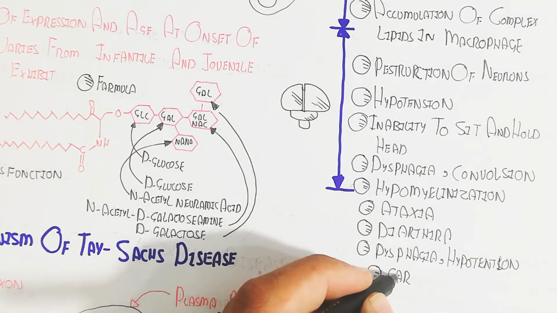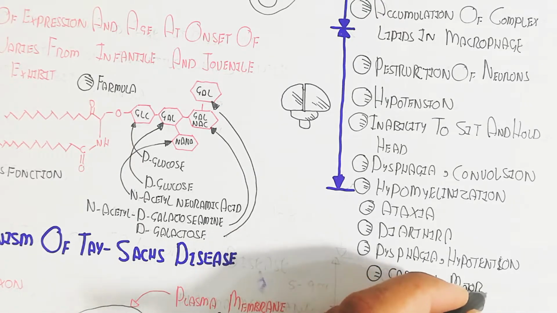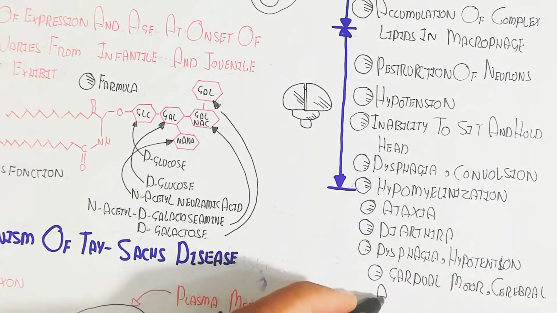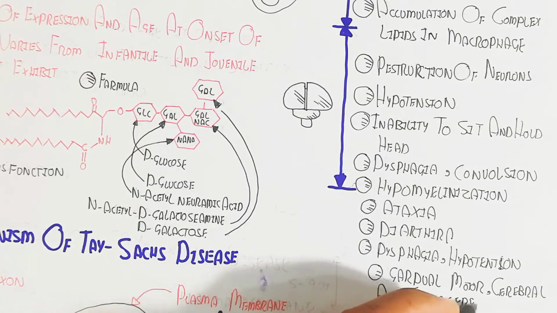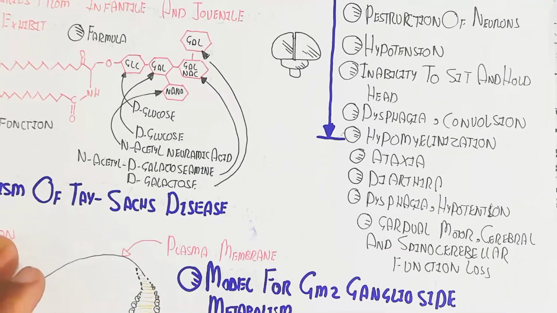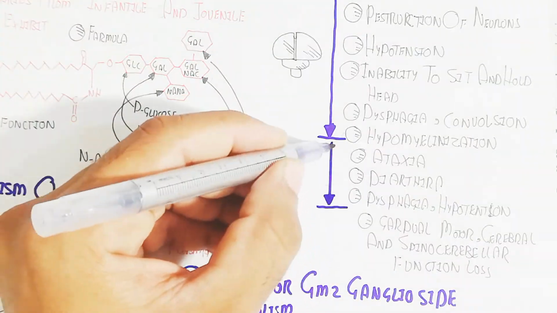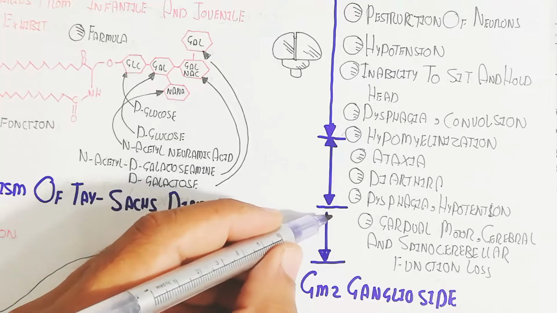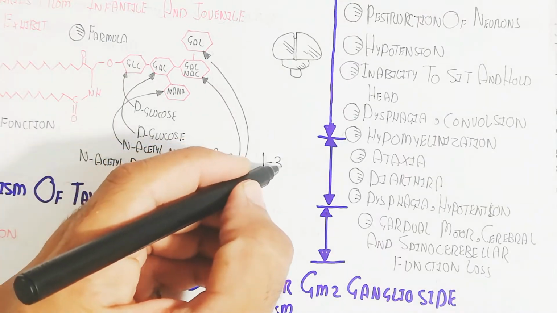In a 1 to 3 year old, there is gradual motor, cerebral and spinocerebellar function loss. In the 5 to 9 year old, this involves these complications.